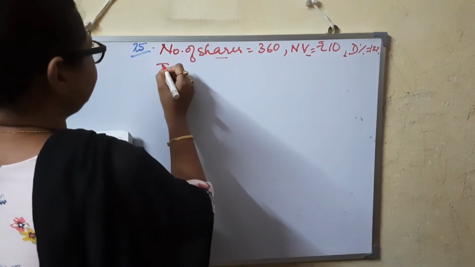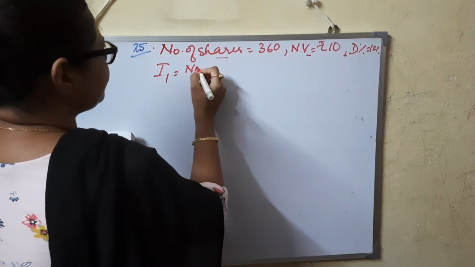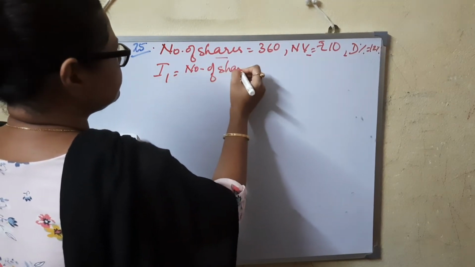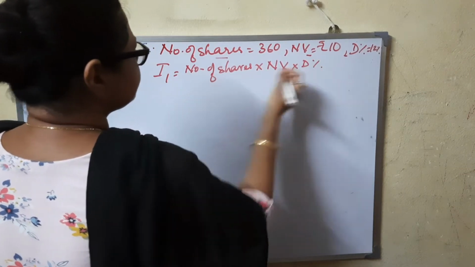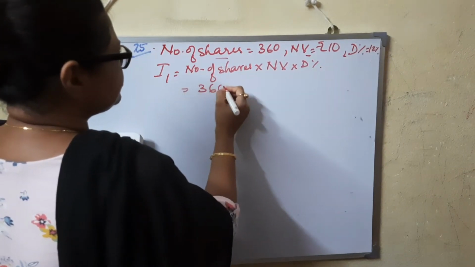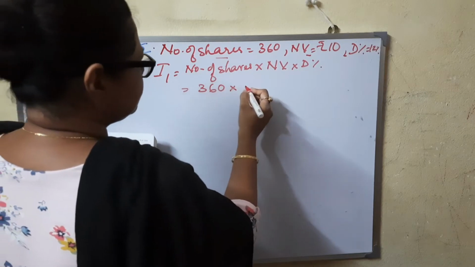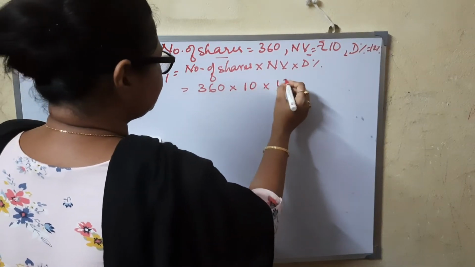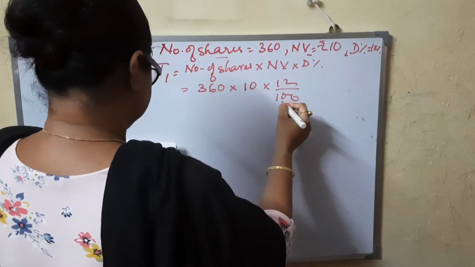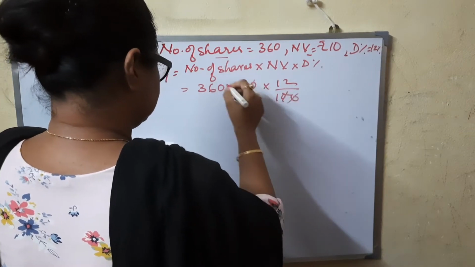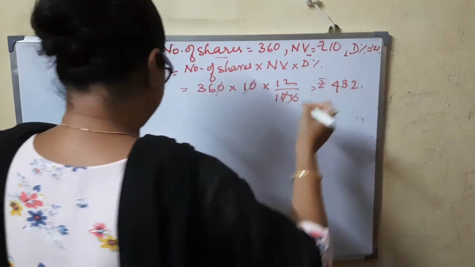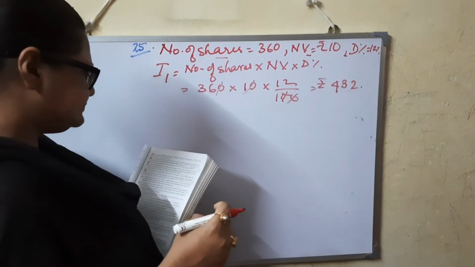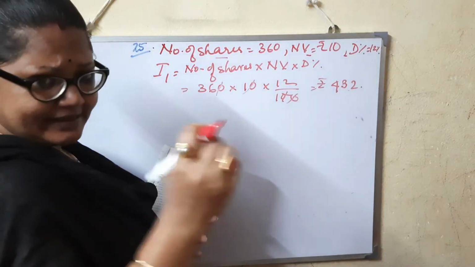So income is number of shares into nominal value into dividend percent, 360 into 10 into 12 by 100. Rupees 432. This is the first income.